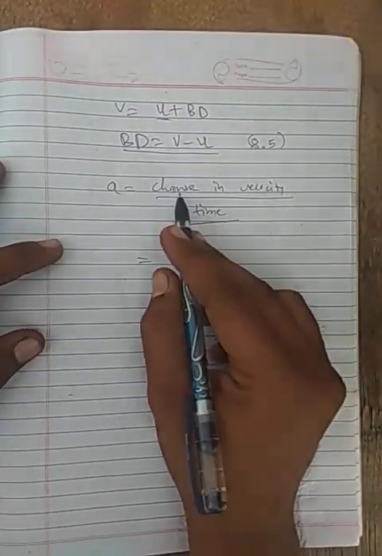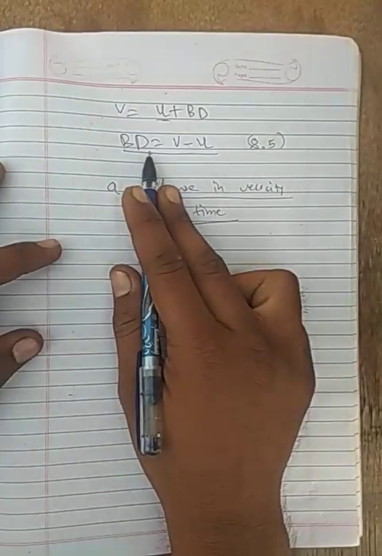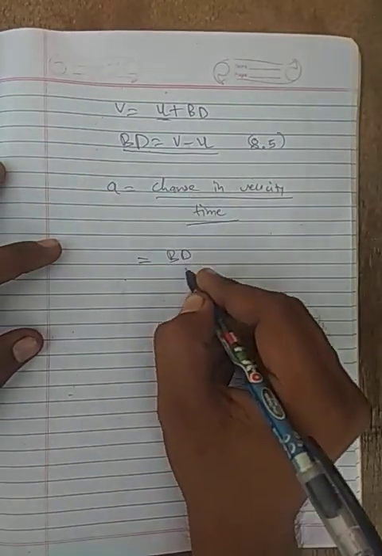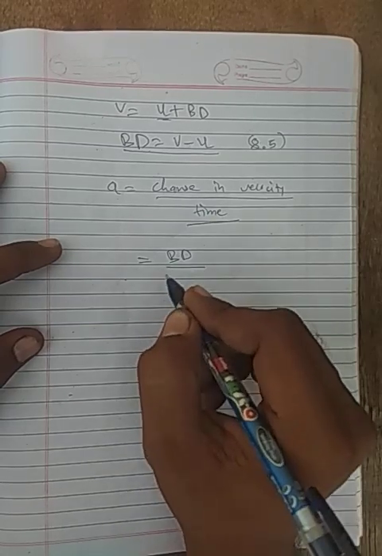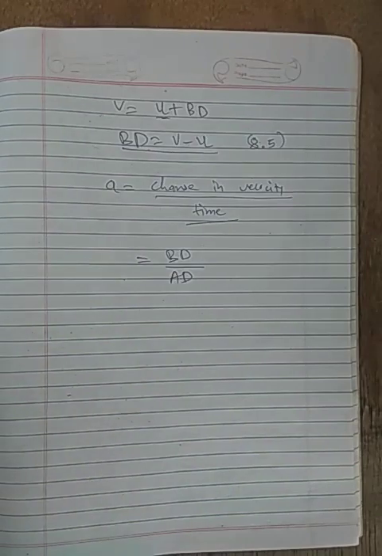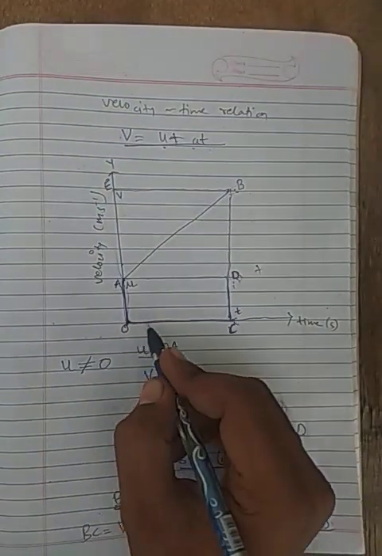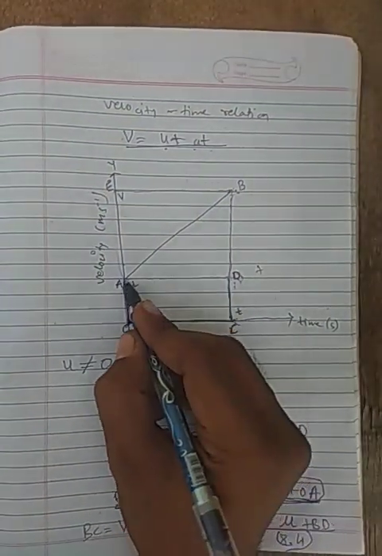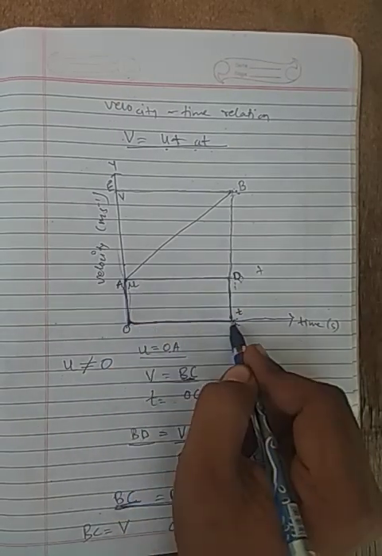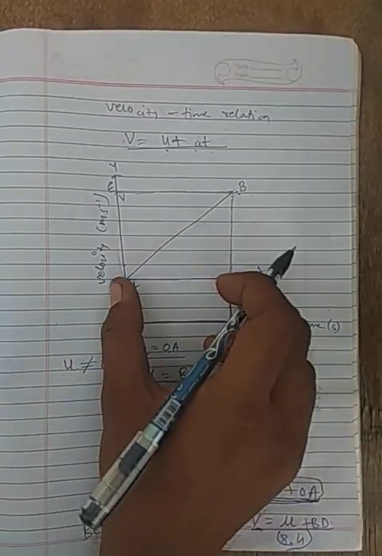So here the change in velocity is BD, and the time taken is AD, because in this graph time is OC and we have also drawn a parallel line AD. So you can also write AD if you are talking about time, because it is running parallel.